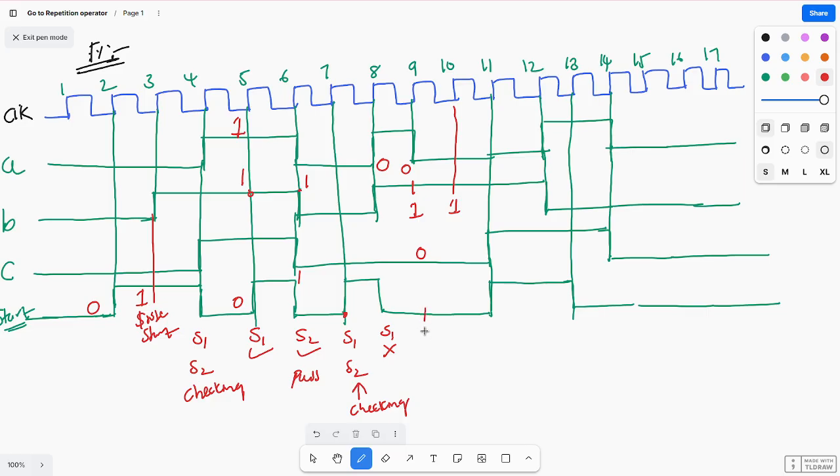Both S1 and S2, at the ninth cycle, are said to fail. If both fail, and C is 0, the total assertion is going to fail. If any one of the sequences passes, then the assertion is going to pass. If both are failing, the assertion is going to fail. This is our or construct.